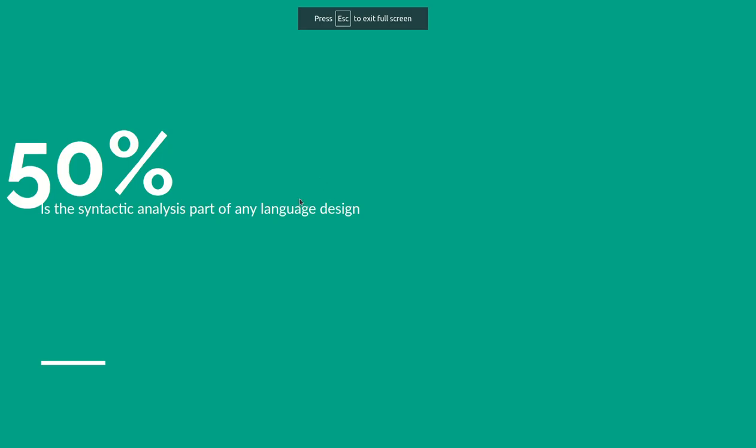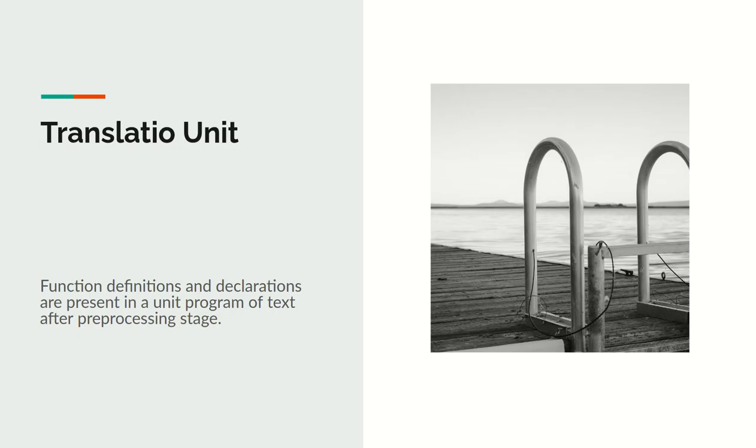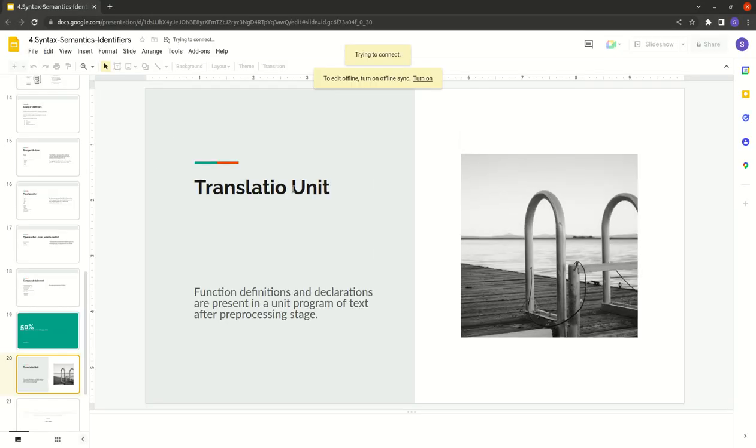Yeah, then we'll see our stats. 50% is the syntactic analysis part of any language design. This is a hypothetical number, but for any language design, syntactic analysis is a major part. At least 50% goes there. And then translation, I missed n.